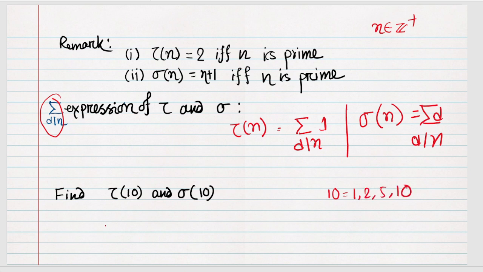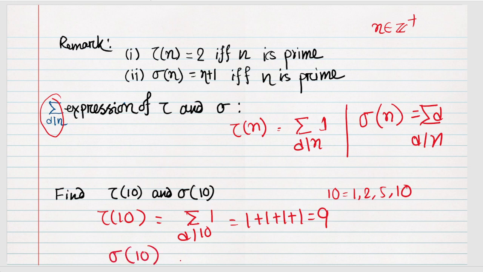That means tau of 10 equals the summation over d dividing 10 of 1, which is 1 plus 1 plus 1 plus 1, that is 4. Similarly, for sigma of 10, by this process we get 1 plus 2 plus 5 plus 10, which is 18.